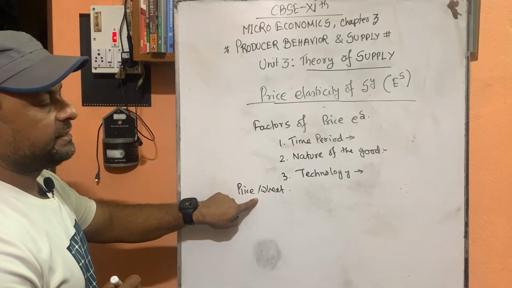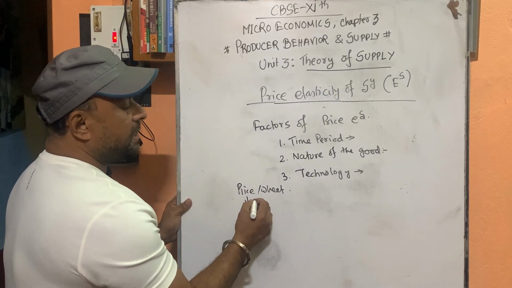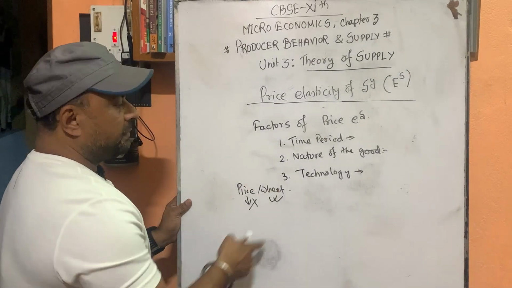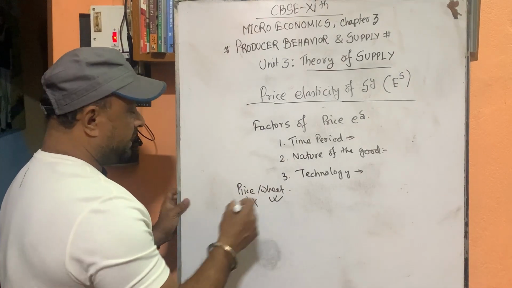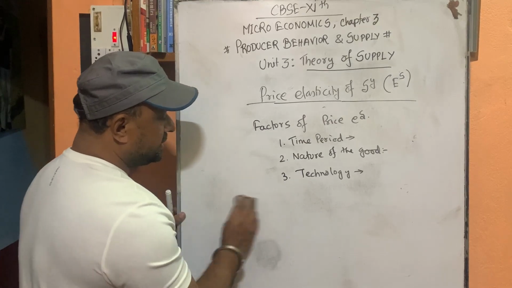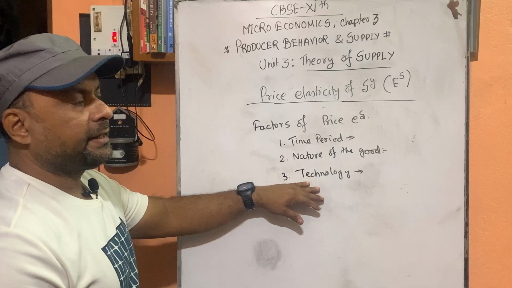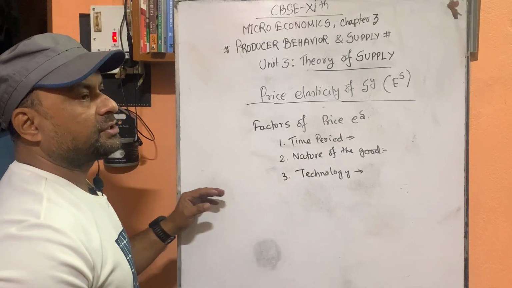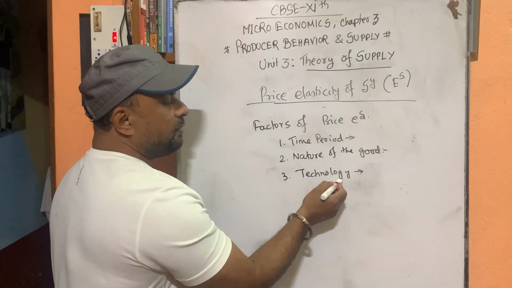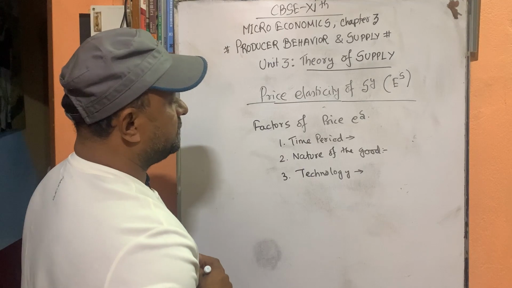Only he has to change the seed. If he finds the price of rice decreases, he will stop production of rice next time and will start producing more wheat. Which means price reaction is high. But in case of production of cars, if the price of cars reduces, the producer cannot easily change the production of cars because it is a complicated technique. He cannot shift the production overnight. At that time price reaction is less. So in simple technique, price elasticity is high. In complex technique, elastic supply is low.